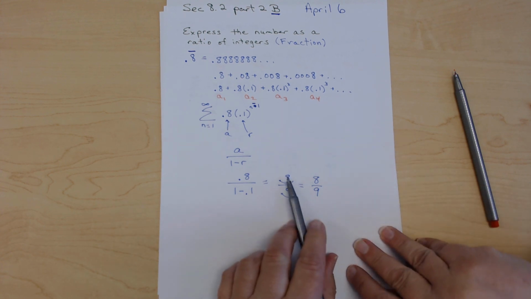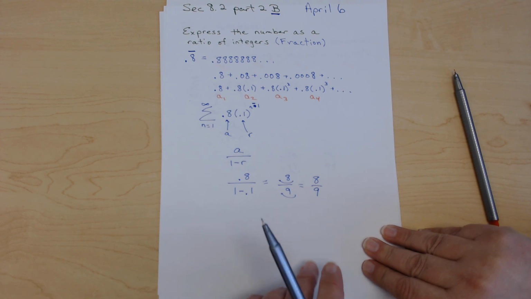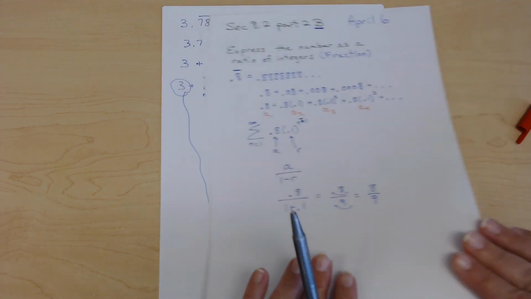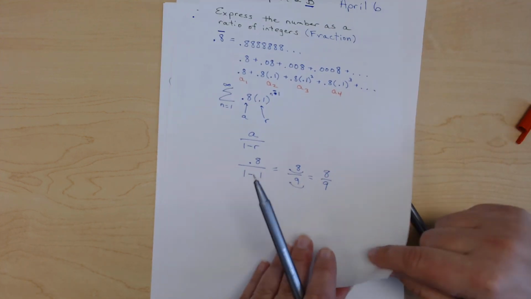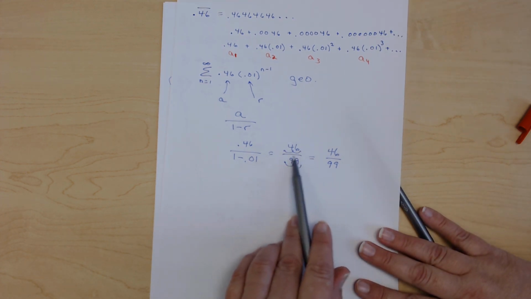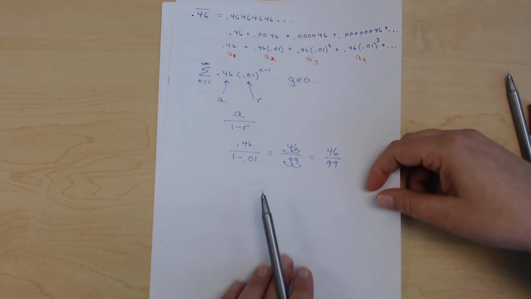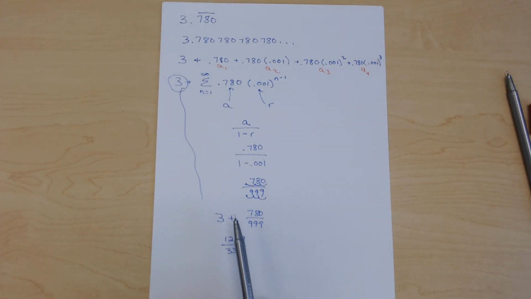If you wanted to type this into your calculator, 0.8 divided by 0.9, and then just do math fraction, that would be okay as well. Same thing here. If you wanted to do 0.46 divided by 0.99 and then math fraction, that's okay. At this point here, I'd probably type that in.